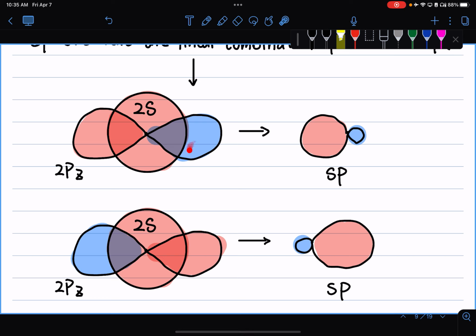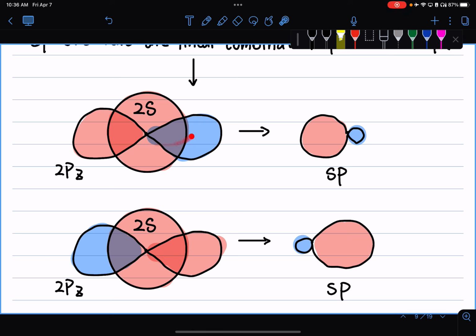But for the 2p atomic orbital, you have 2 different ways to shade them. Right? We're mixing the 2s with the 2p. And for the 2p, you have 2 possible shadings. So in this case, that's the red and the blue, or the blue and red. So depending on how that shading is, you end up with 2 sp hybridized atomic orbitals that have different directions.